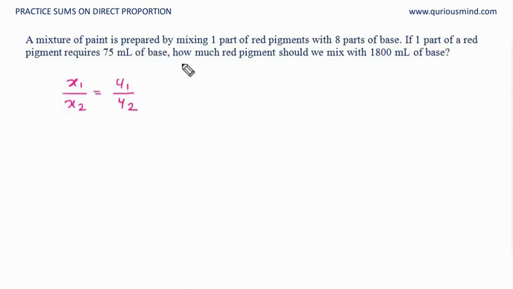Now let's use red pigment as X. So 1 upon X2, because we need to find how much red pigment is required, is equal to Y1.